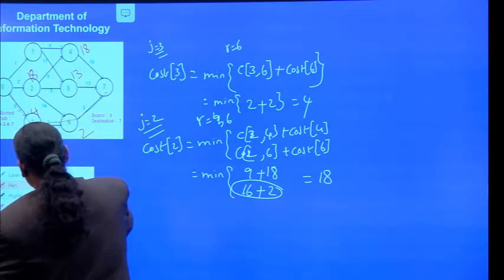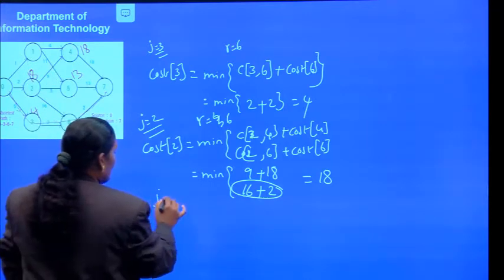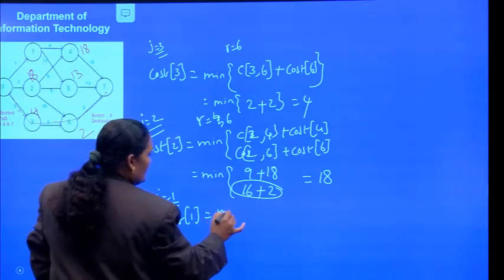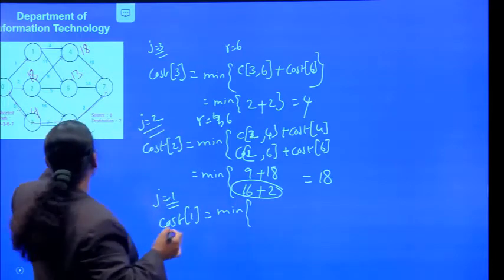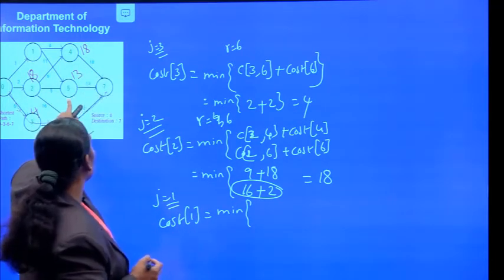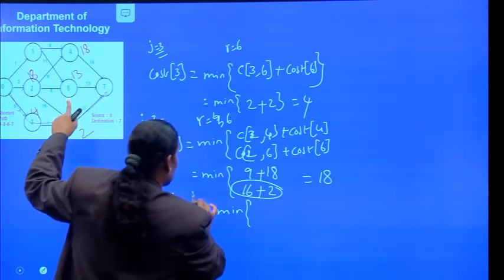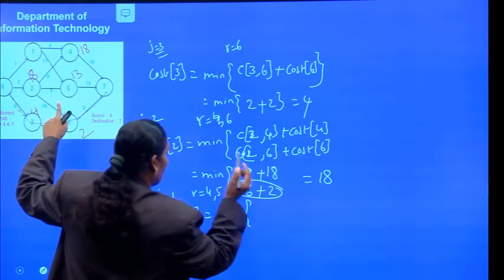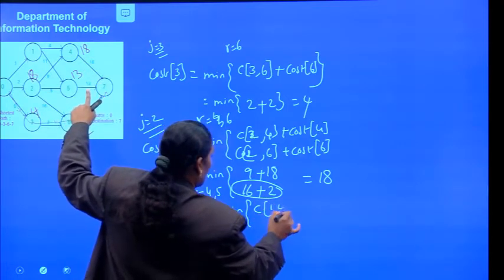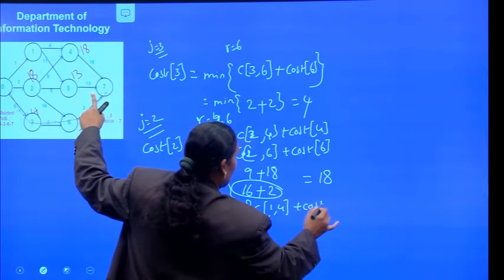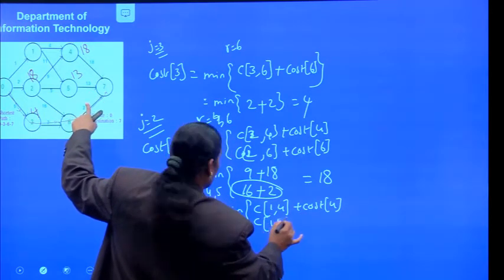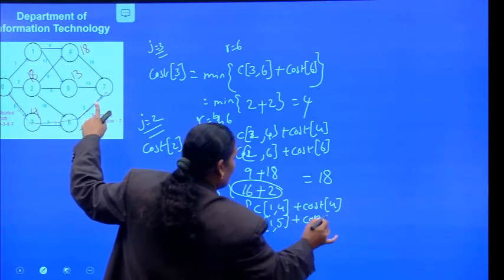Next I am going to find cost of 1. When j is equal to 1, what is cost of 1? Minimum of. Here 1 is also connected with 2 vertices in the next stage. Those 2 vertices are 4 and 5. So R values become 4, 5. First I am going to take R value as 4. So C of 1, 4 plus cost of 4. Now C of 1, 5 plus cost of 5.